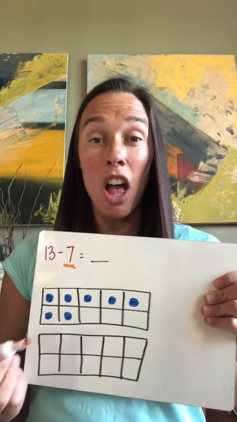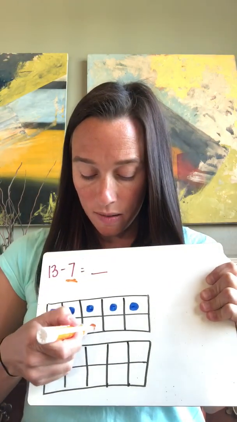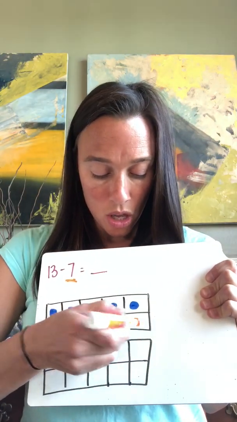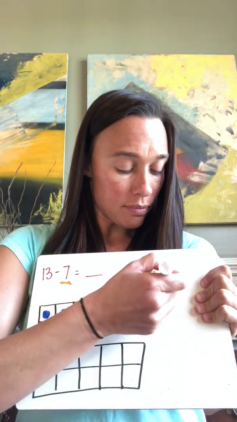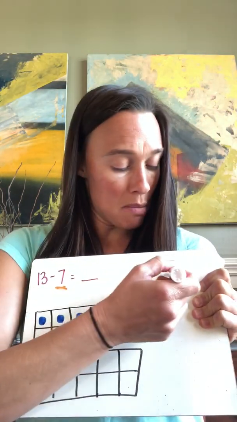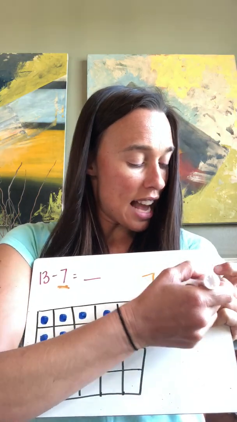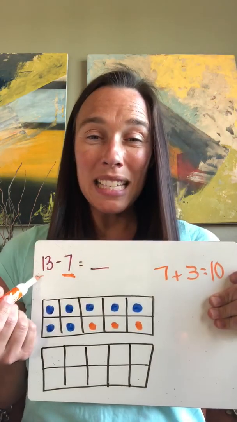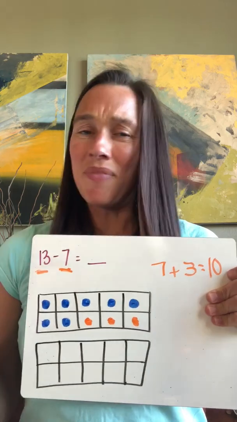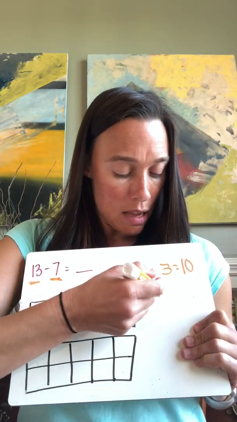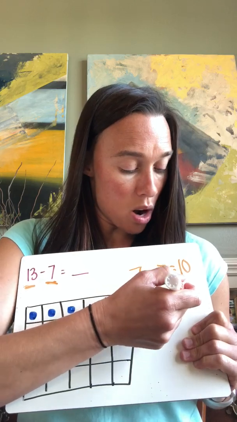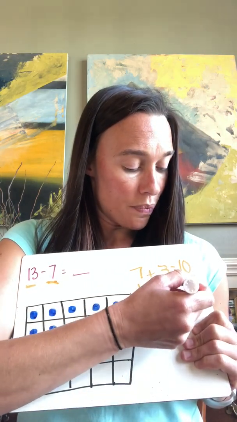So now I'm going to take my other marker and I'm going to make a 10. 1, 2, 3. So I see that I had 7 of them, and I added 3 more, and that gave me 10. But did I get to my 13 yet? No. So I'm going to say 10 plus some more is going to equal 13.